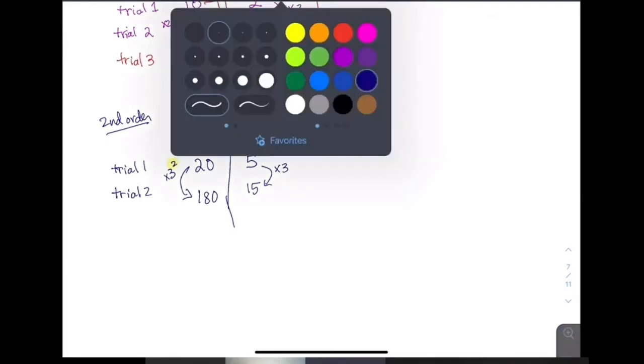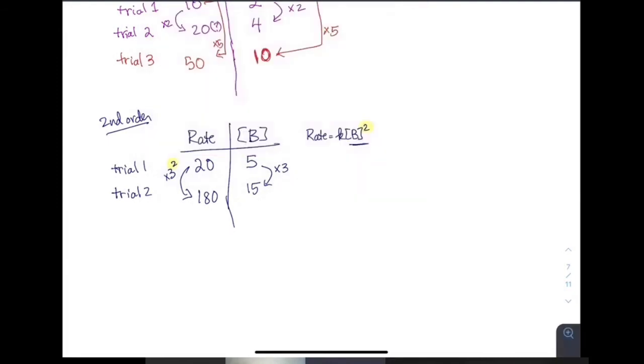If I do trial 3, let's say I changed my concentration to 10. That concentration went up by 2, which means my rate goes up by 2 squared.